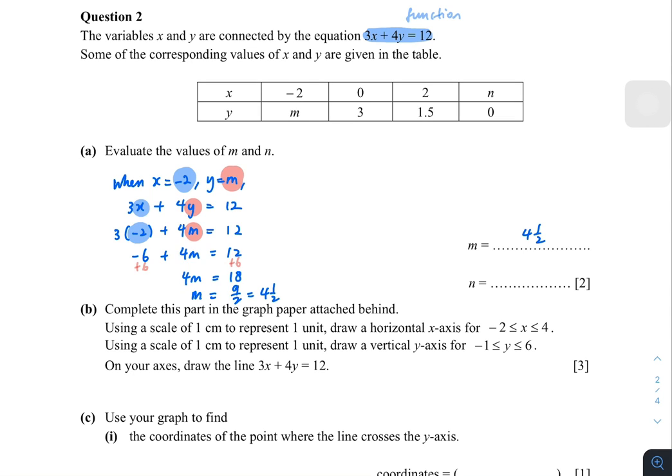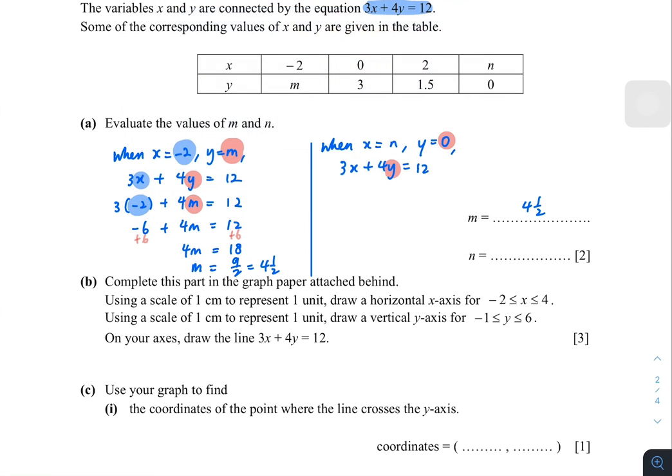Then for the second one, to find n, we use the second set of values. x is n, y is 0. So when x is equal to n, y is equal to 0, based on this function again, we put y into y and x into x over here.